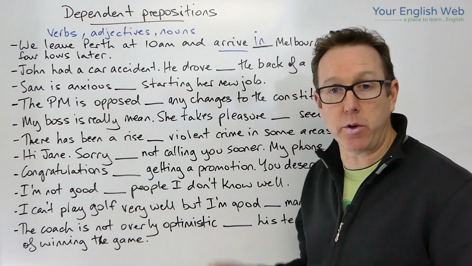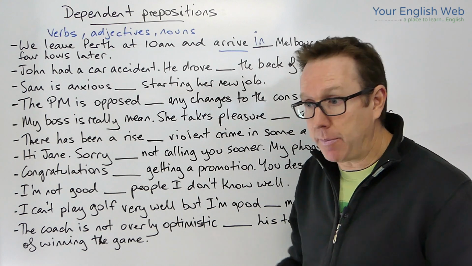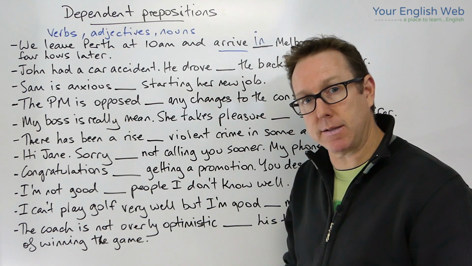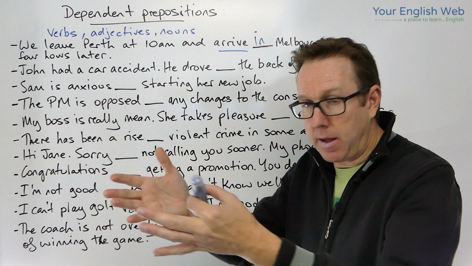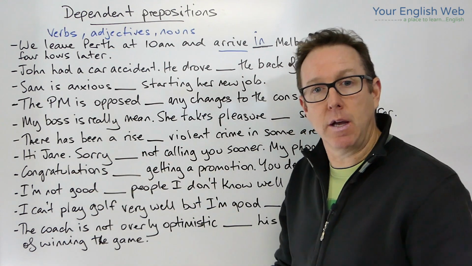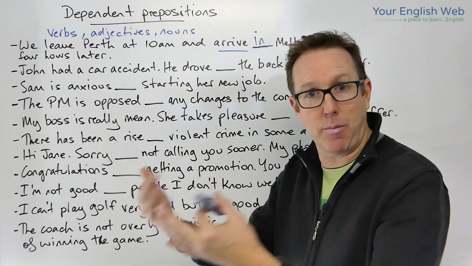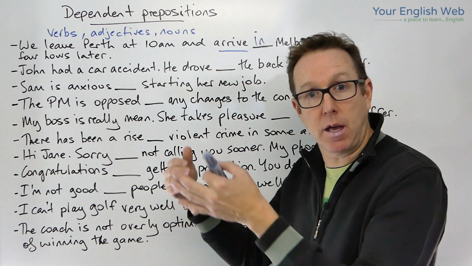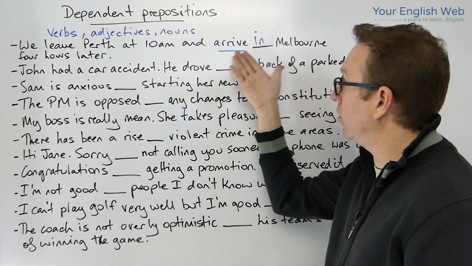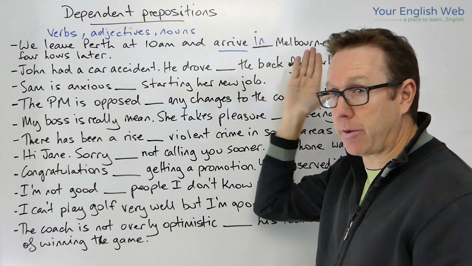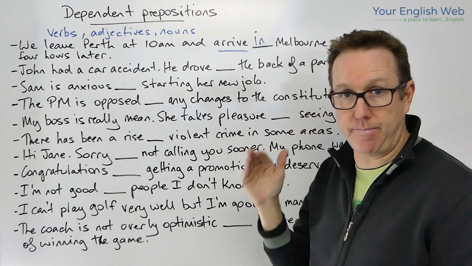But here we would use the preposition in because we're talking about a bigger space. We use at when it's more of a smaller space, like a post office, someone's home, perhaps your job. So here the preposition would be in.